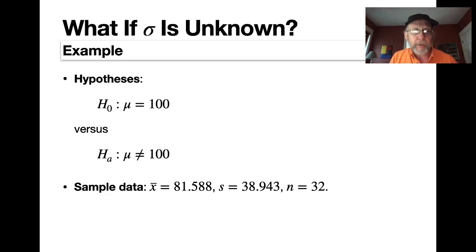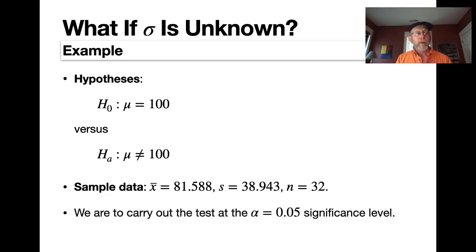Just a little more convenient to work in units of 1,000 here. The sample standard deviation was 38.943, and our sample size was 32. We're to carry out the test at the 5% significance level.